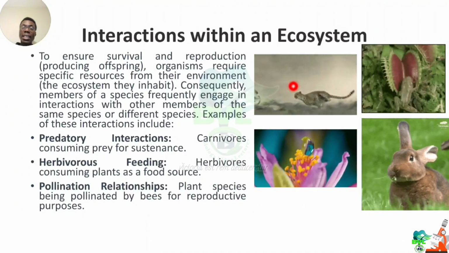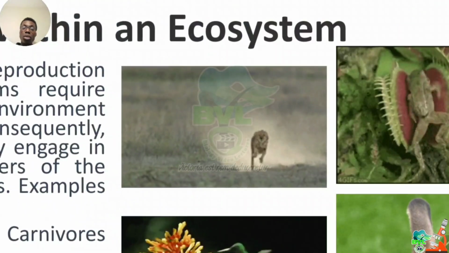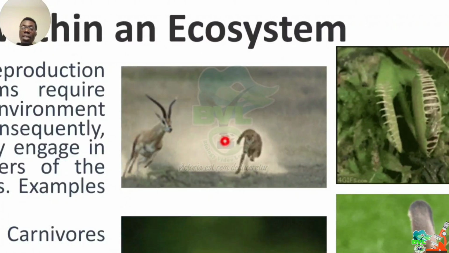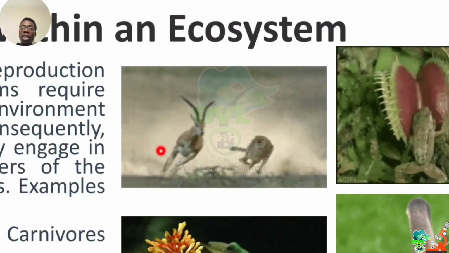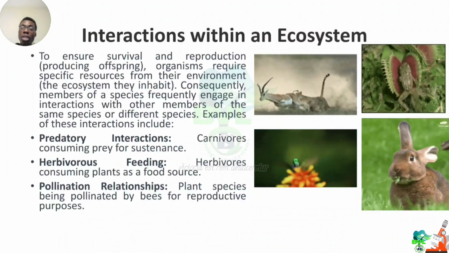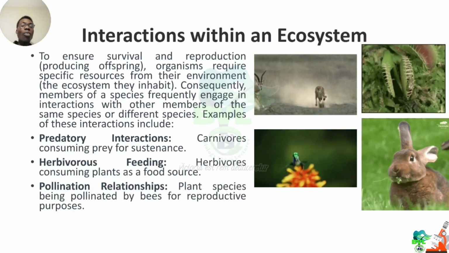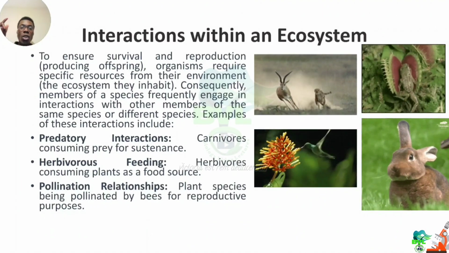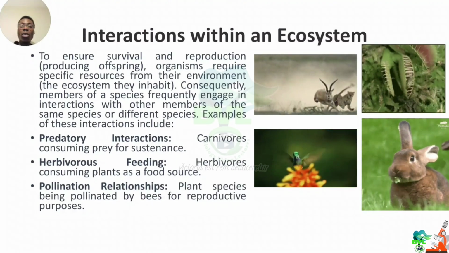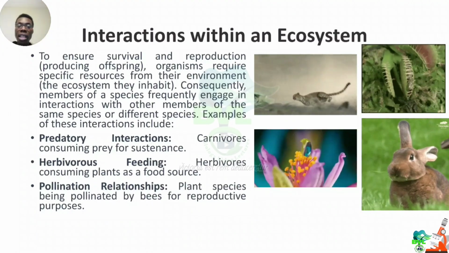In this case, you can see the cheetah, the fastest running animal, chasing a gazelle. That's a predatory interaction because an ecosystem is a community of organisms interacting with other organisms there.